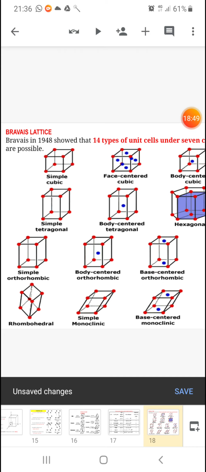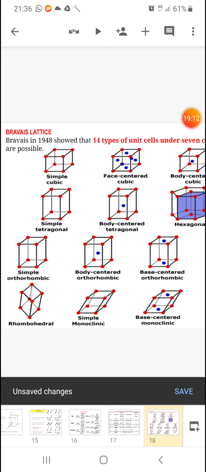In monoclinic crystal system, a ≠ b ≠ c, alpha = gamma = 90 degree, not equal to beta, and example is CaSO4·2H2O. In this system, side centered structure is also there. Example is gypsum.